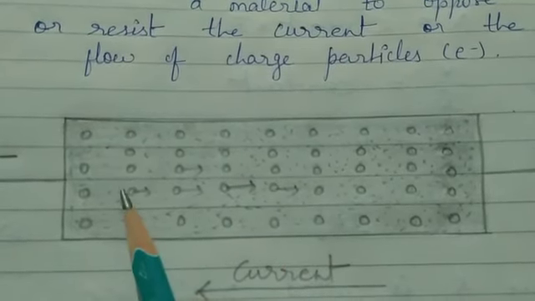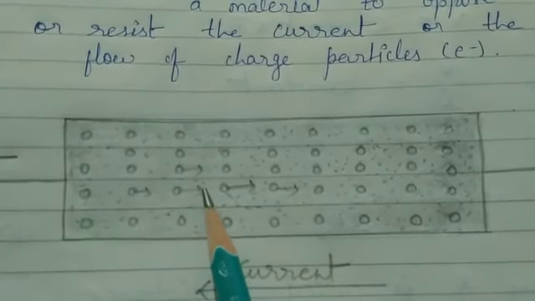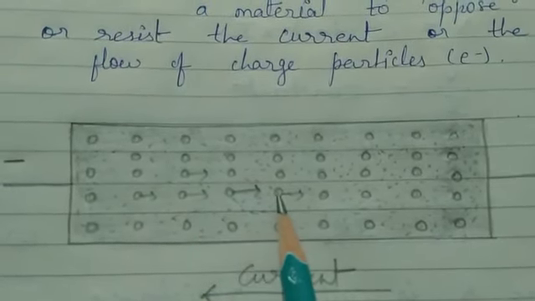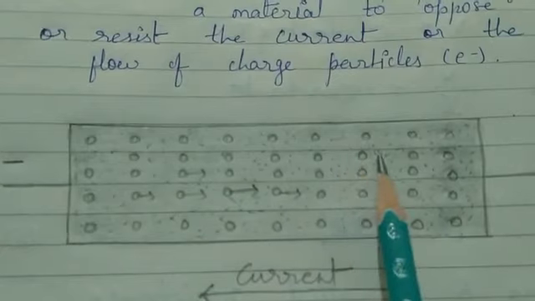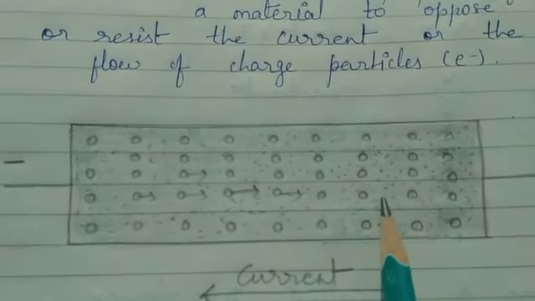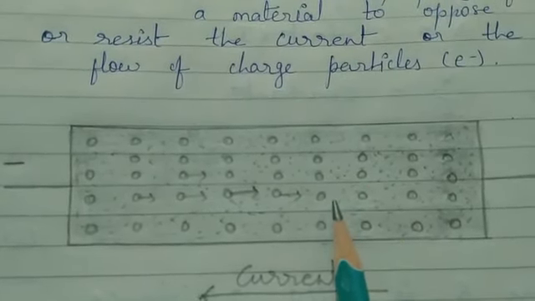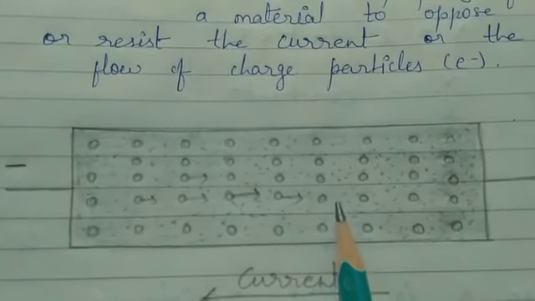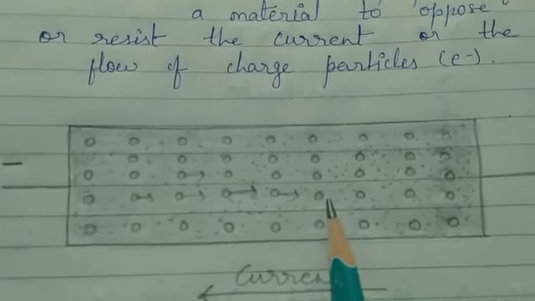By applying potential difference electrons start moving with some energy, but in their path they collide with the particles present in the conductor, and because of collision they lose their energy, and because of that their speed decreases.